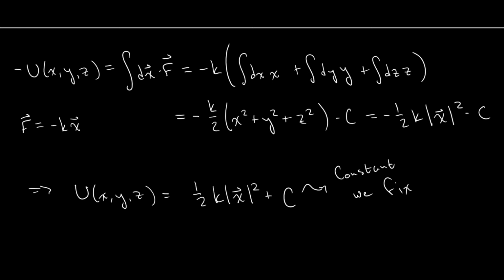Okay, this is very cool. This is a result that is used very often in physics, that the potential energy of a harmonic oscillator is 1/2 k x squared.